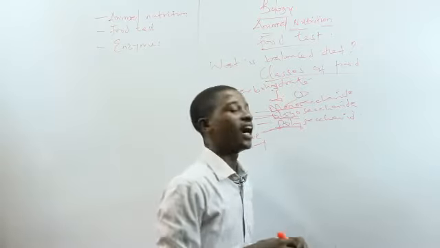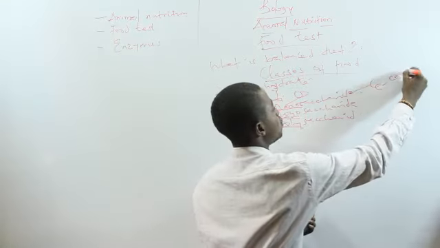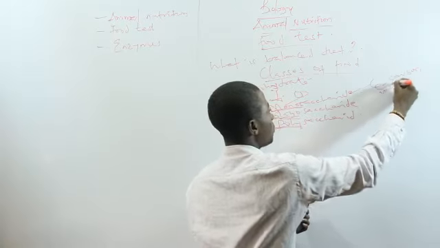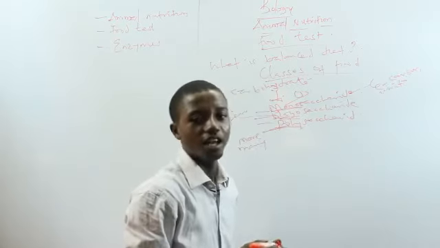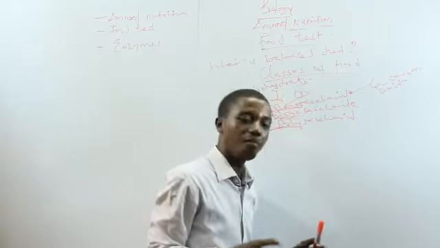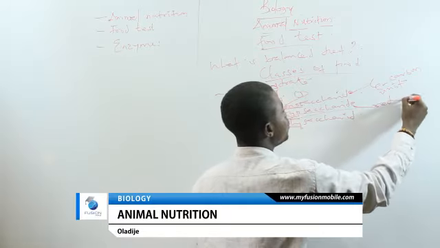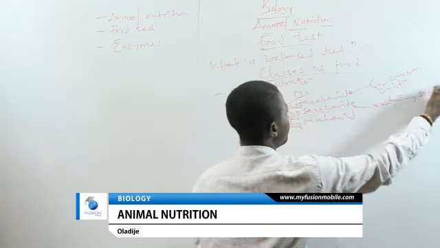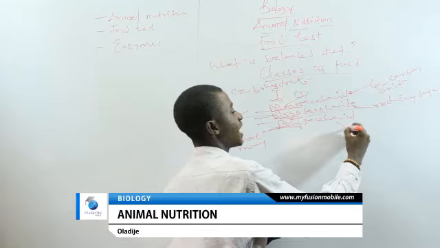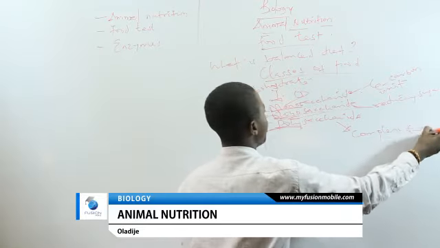Monosaccharide is a sugar that contains 6 carbon units. Oligosaccharide is also referred to as reducing sugar. Polysaccharide is referred to as complex sugar.